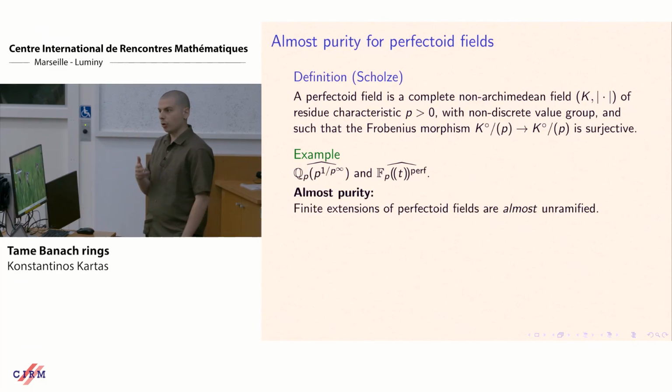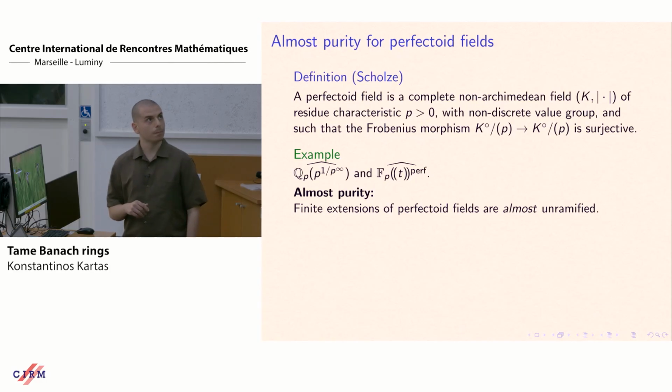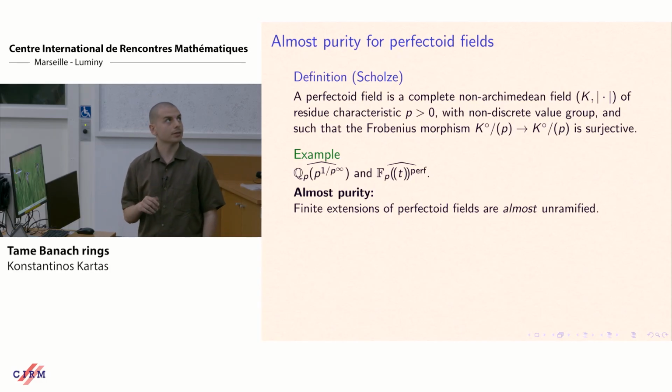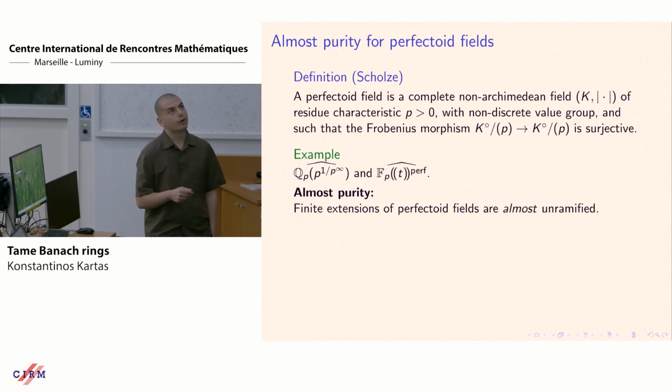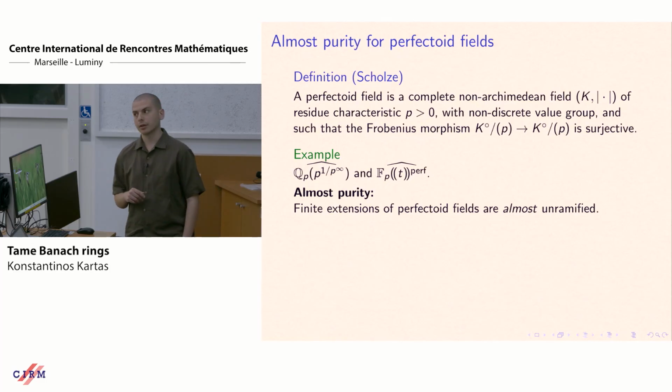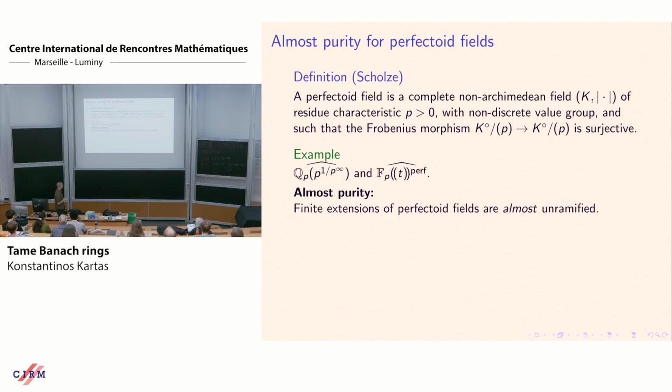Actually, the almost purity statement is a statement about perfectoid algebras, but first I want to state it for fields because it's maybe a bit more accessible. Essentially what it says is that if you take a finite extension of a perfectoid field, then it's almost unramified. Or actually it's better to think of it as almost defectless and almost unramified.